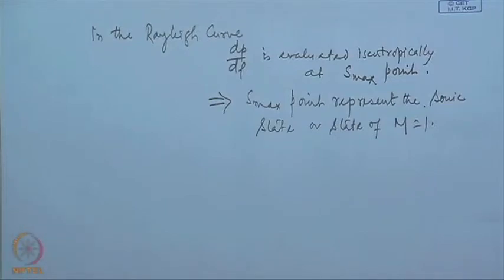They might be isentropically, they might be adiabatically at constant area with friction, they might be with heat addition, and only for the simple heating process that maximum entropy point on the Rayleigh curve will represent the sonic condition, or the sonic condition in the Rayleigh curve will only be represented by that maximum entropy point.